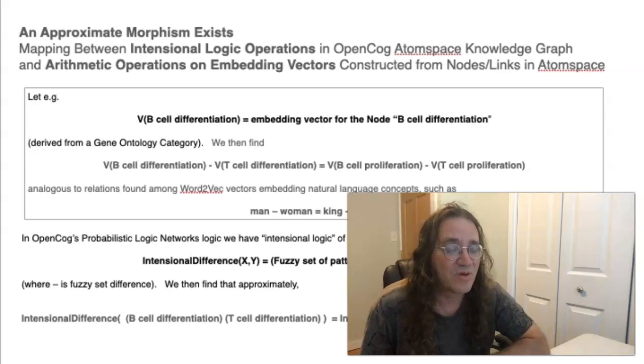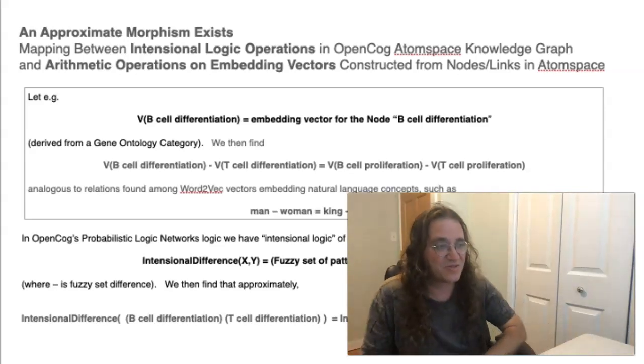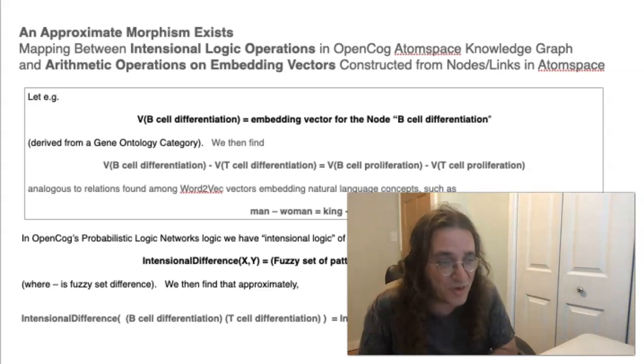So what you find is some vector arithmetic. You find the vector for B cell differentiation minus the vector for T cell differentiation is roughly the same as the vector for B cell proliferation minus the vector for T cell proliferation.